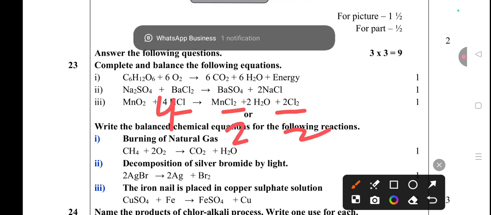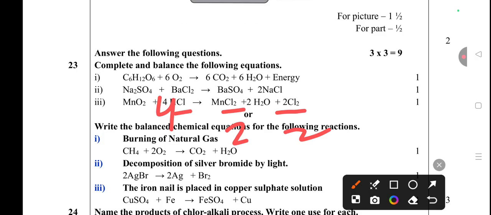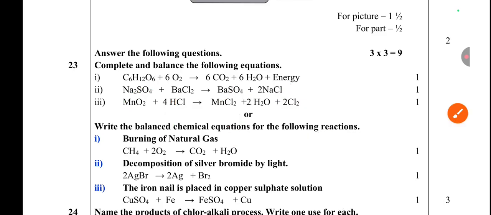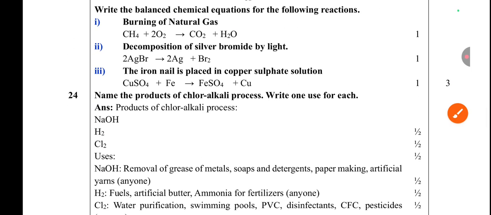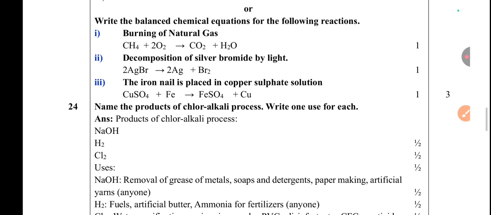That's why we took number 4 here. Whenever we took number 4, hydrogen also turned into 4. That's why we took 2 H2O. Remaining all things are balanced. Oxygen 2, manganese 1, another manganese 1. Remaining all things are balanced.